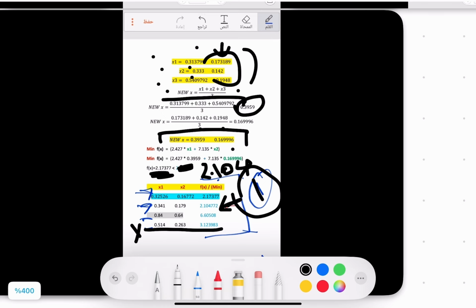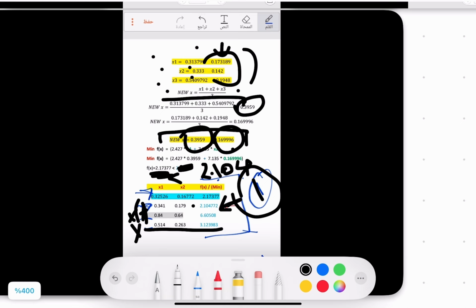If it's less than that, then we're going to substitute the x's. If not, then we will keep the value as is, and it's going to be 2.104. Then we're going to move on to xt as the third row, continue our calculations from there.